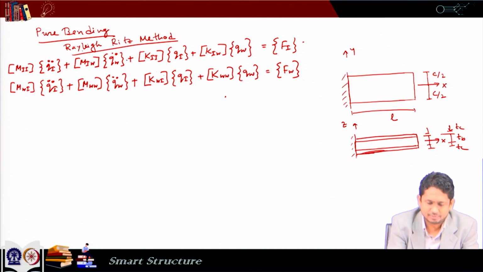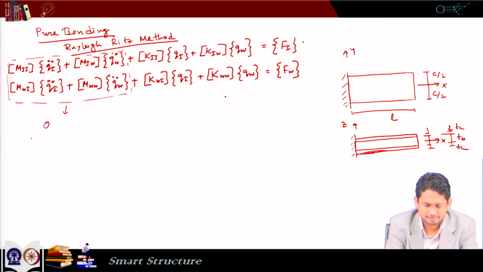Now within this differential equation, these terms are 0. These terms do not come into picture because this is 0 because it is a static problem.